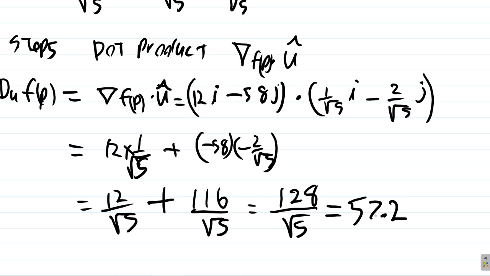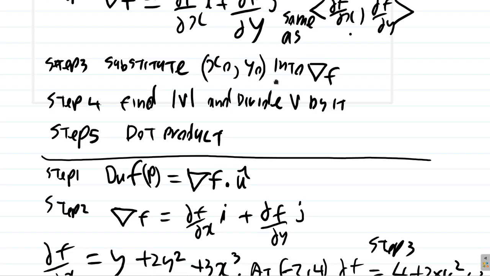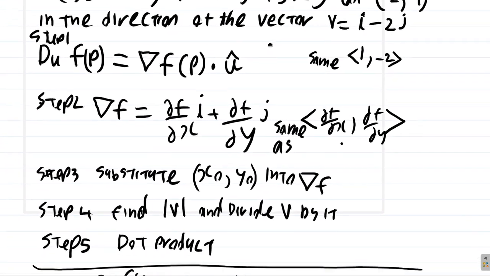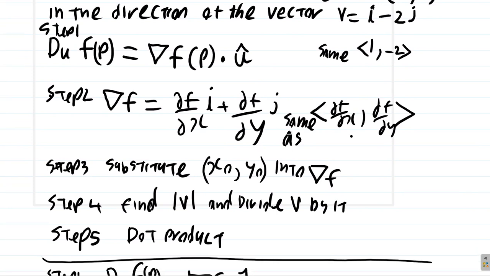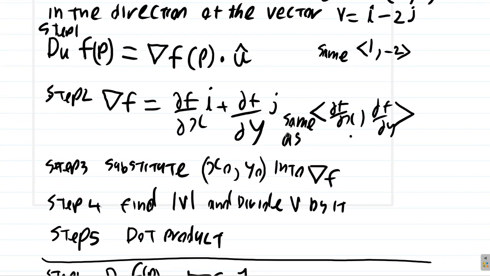Alright? So let's just review quickly. So we have the steps when finding directional derivative. You write out the formula. It's the dot product of the unit vector and the gradient vector. Step 2, find the gradient vector by differentiating the function with respect to each quantity.